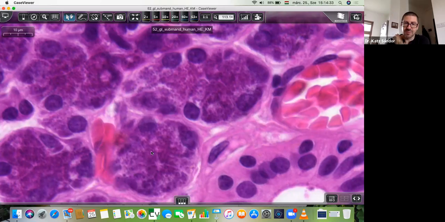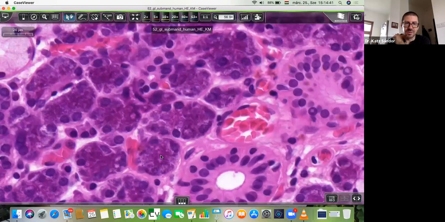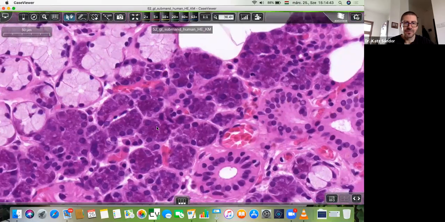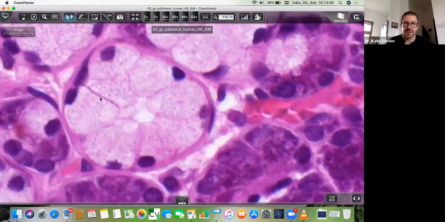So zymogen granules are related to the serous acini, and mucigen granules are present in the mucous acini. In this foamy appearance of the cytoplasm, we can find the mucigen granules, but they are not as prominent as the zymogen granules in the serous acini.